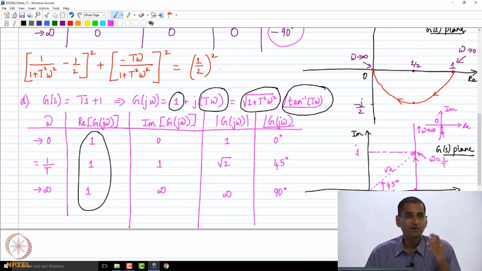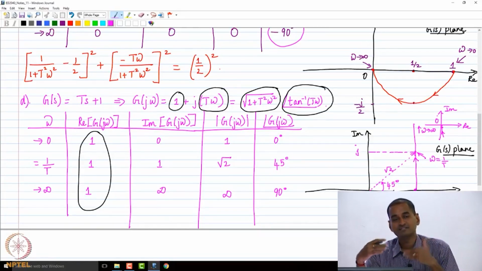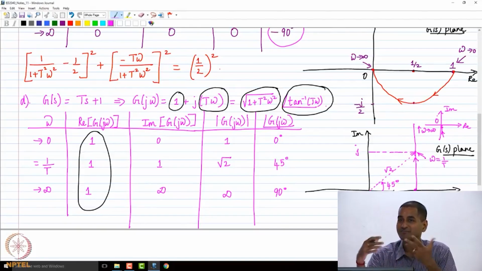In the Bode diagram, if you had reciprocals, we immediately flip the curve, and we could immediately process it and go on. But here it's not so straightforward because the shape itself is different.